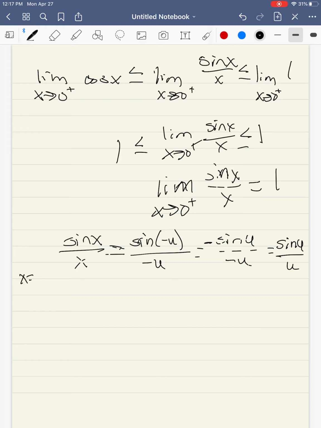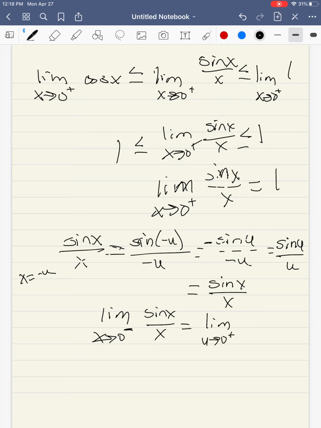Okay, that was letting x be equal to negative u. So then if we substitute x back in, we get sine of x over x. So the limit as x approaches 0 from the negative side of sine x over x is the same as the limit as u approaches 0 from the positive side of sine u over u, and that's equal to 1.